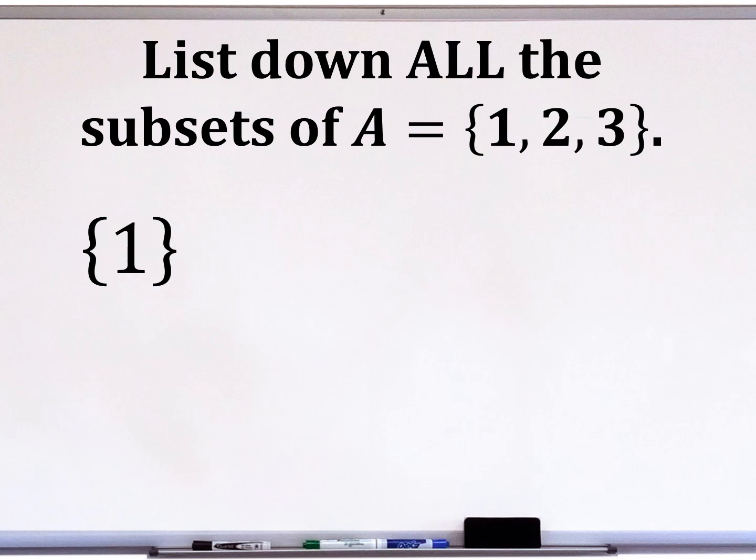When we say subset, this is somewhat a smaller version of the given set. So therefore, the first one is the subset containing only one element, wherein it can be written as 1, 2, and 3. So these are all the given subsets containing one element from set A.